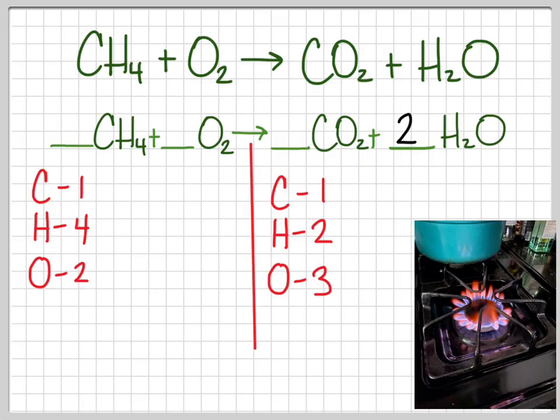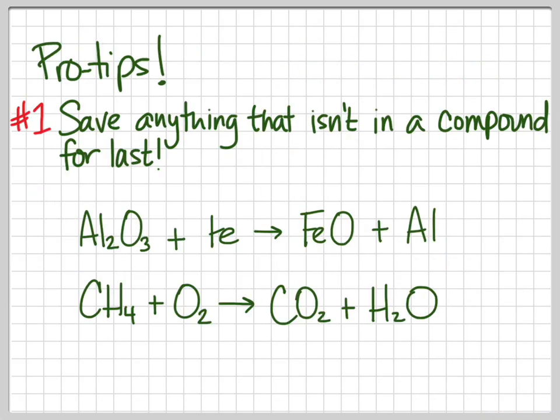The other thing that does for us is it gives us an even number of oxygens, and since the O2 on the reactant side is O2, it's going to have to be an even number. So 1 carbon, 4 hydrogens, the only thing left is the oxygen. Coefficient of 2 fixes everything, and now we've got a balanced chemical reaction for the combustion of methane. Cool.